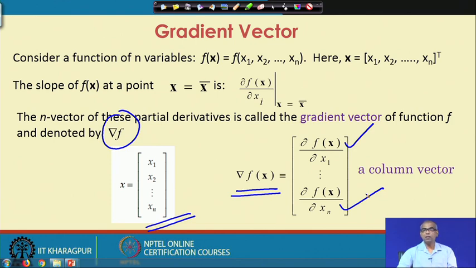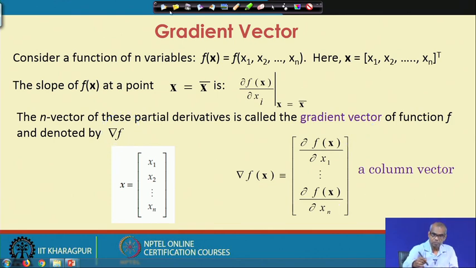So, this gradient vector is a column vector. One more time, the gradient vector is nothing but the partial derivatives of the function. So, for a 3 variable function, your gradient vector will be del f del x 1, del f del x 2, del f del x 3, where the function has 3 variables x 1, x 2 and x 3.